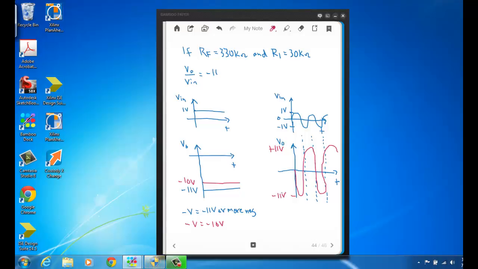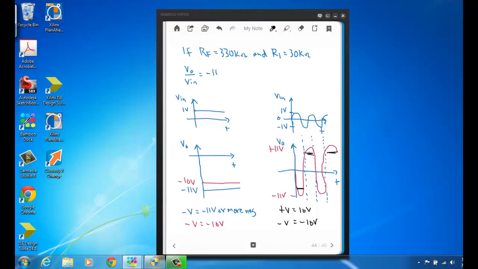Okay, if our rails were something less than a magnitude of 11 volts, like say for example, if the plus power source was 10 volts and the minus power source was minus 10 volts, well then we would get clipping, that the output couldn't exceed those rail values.